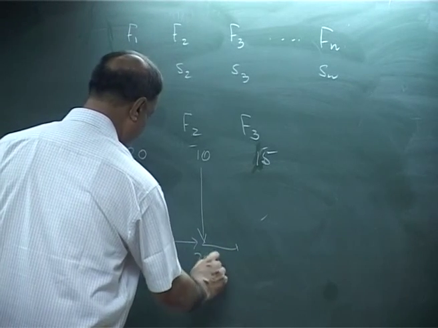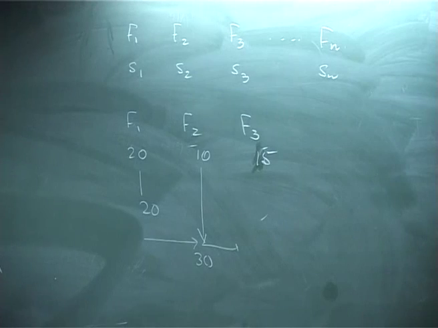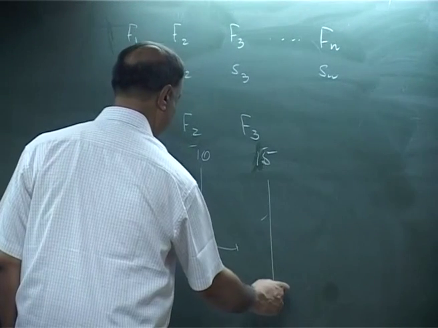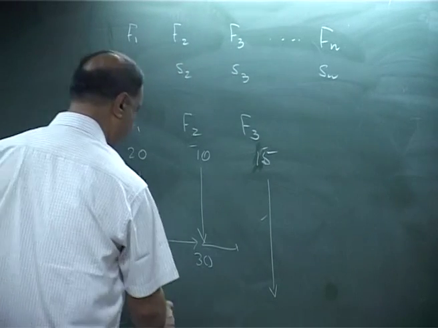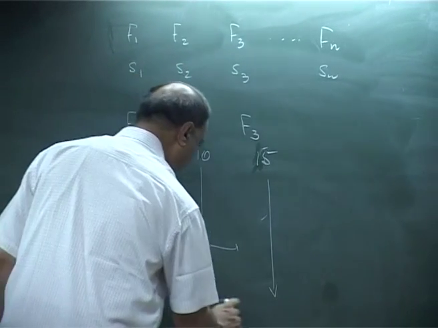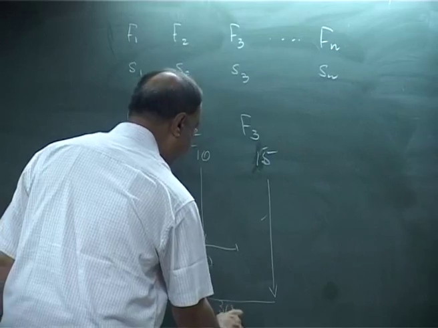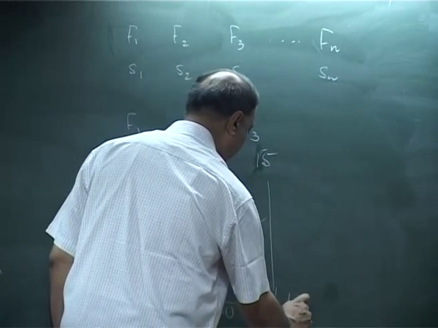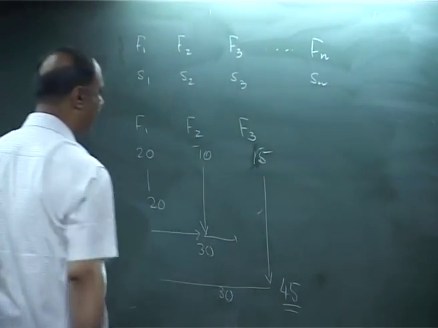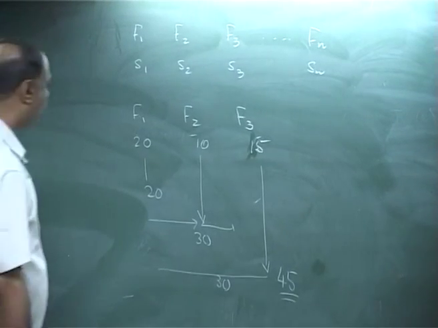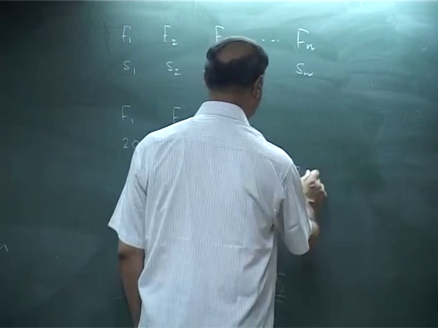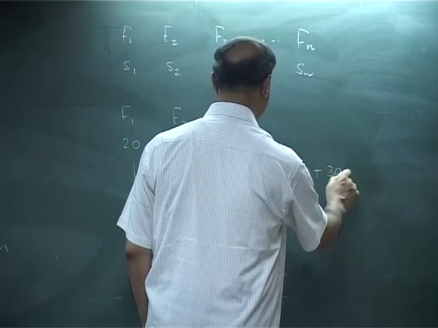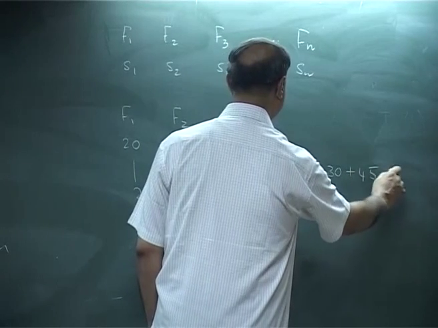So here you need 30 record movements. The third time it will go 30 and then 15, so you need 45 record movements. The total number of record movements becomes 20 plus 30 plus 45, which is 95.